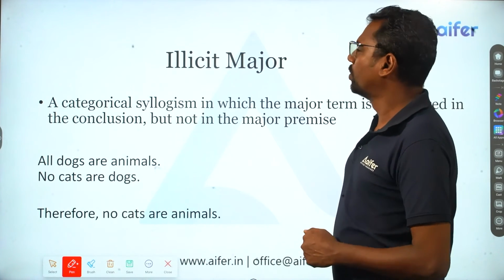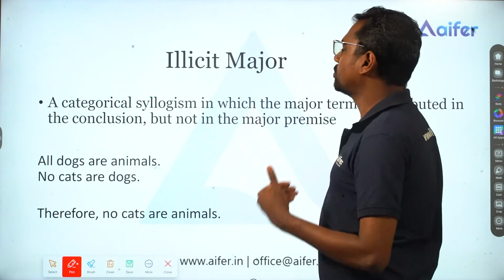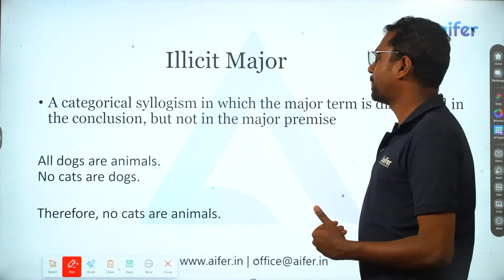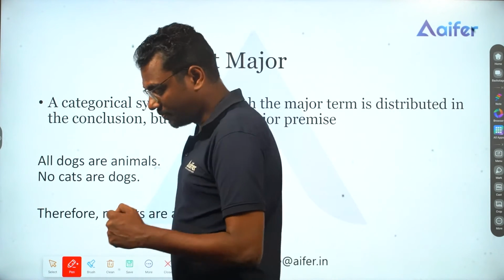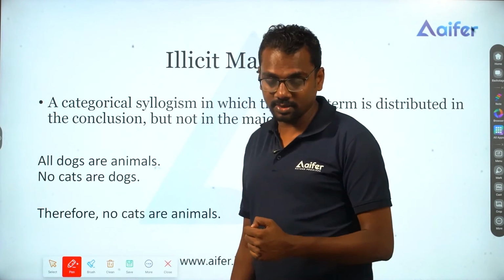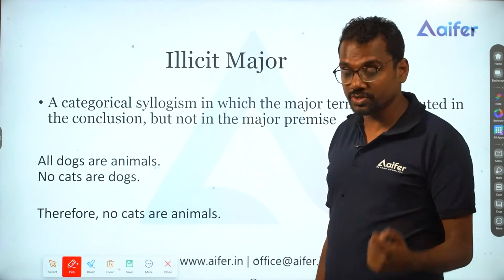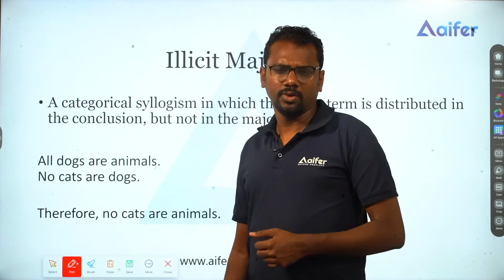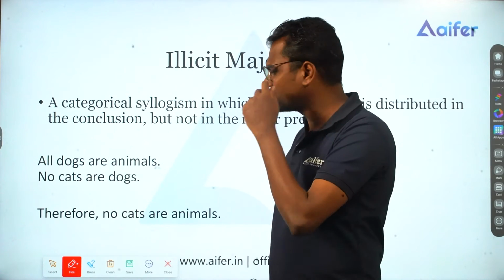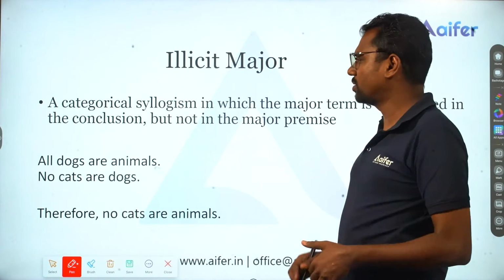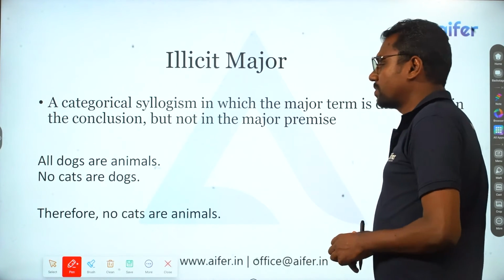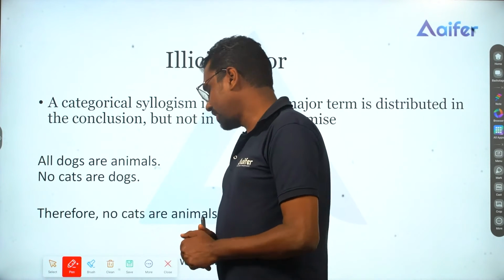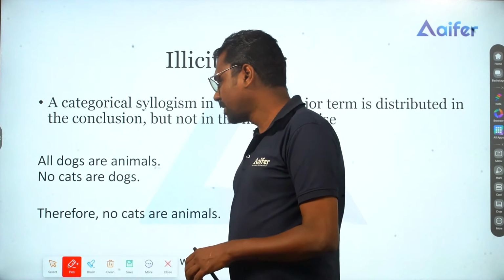Now, before going to illicit major and illicit minor, it's important we know what a major term is, what a minor term is, what a middle term is, and what is distributed and undistributed. We have already discussed these in previous videos, but let me explain again.